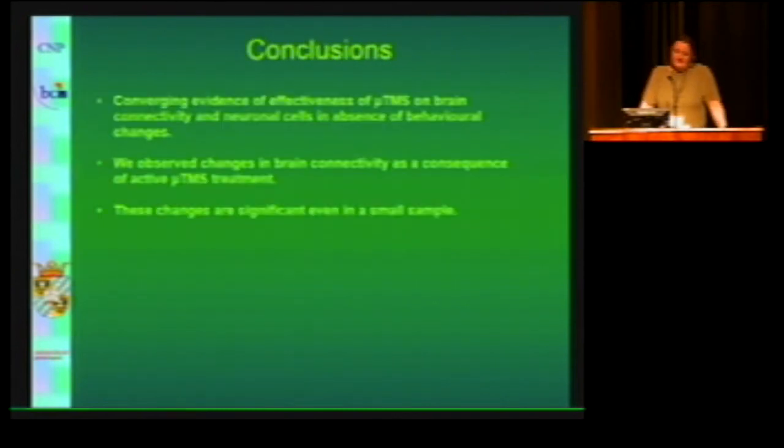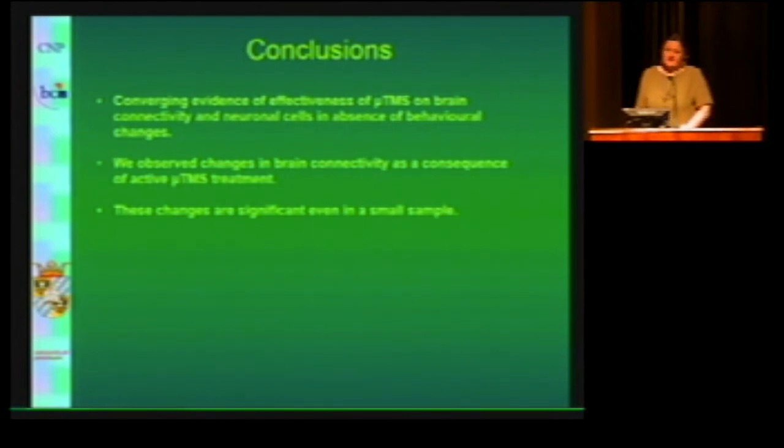So what we can conclude is that there is converging evidence of effectiveness of micro-TMS on the brain. In the absence of behavioral results, we demonstrated, I have to still be careful because we are still analyzing the data, that there are changes in connectivity, and these changes are significant.